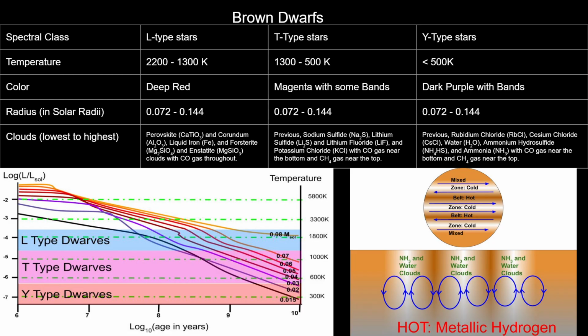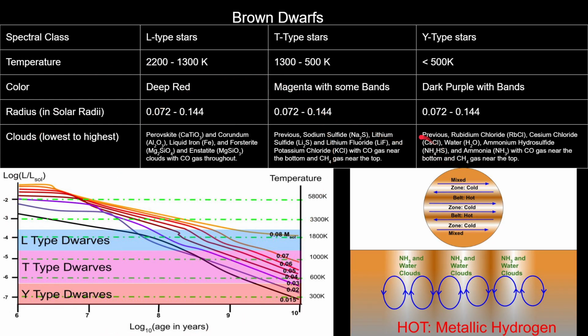Brown dwarfs are about the radius of Jupiter, regardless of their mass, and in brown dwarfs, their clouds, from the lowest to highest clouds, are perovskite, corundum, liquid iron, and forsterite and enstatite, with carbon monoxide throughout for L-type stars. The previous clouds, along with sodium sulfide, lithium sulfide, and lithium fluoride and potassium chloride for T-type stars, but with carbon monoxide near the bottom and methane near the top.